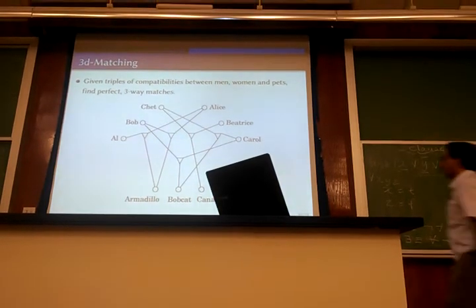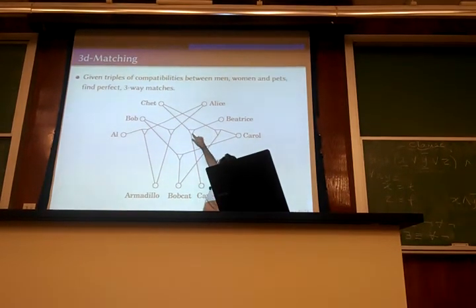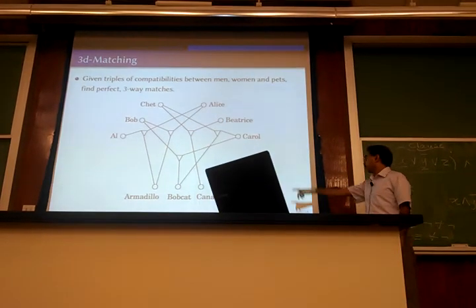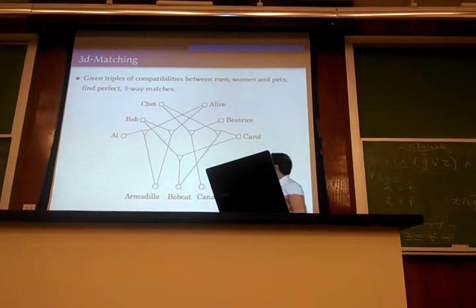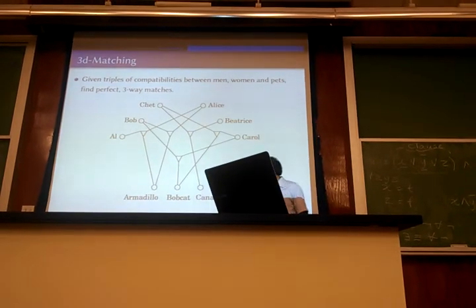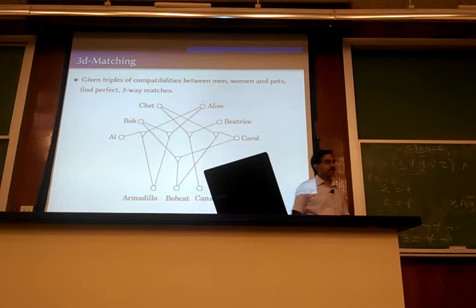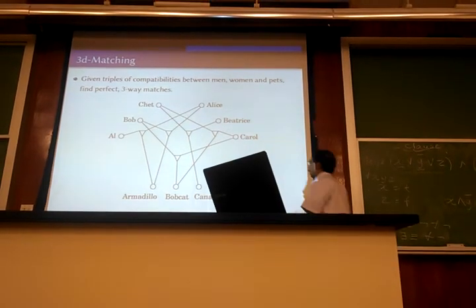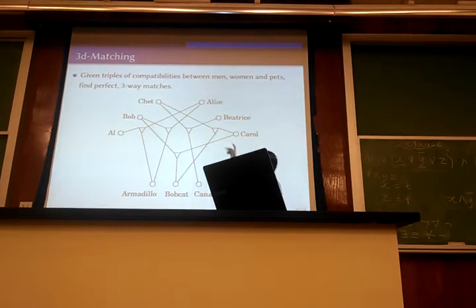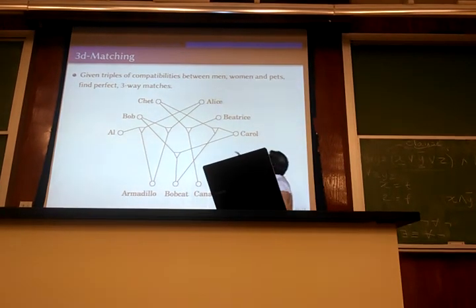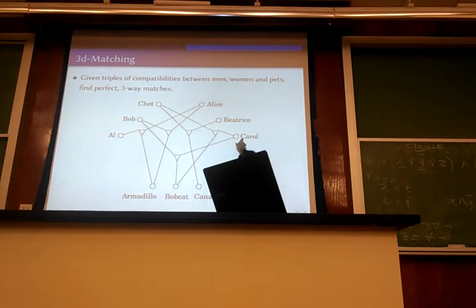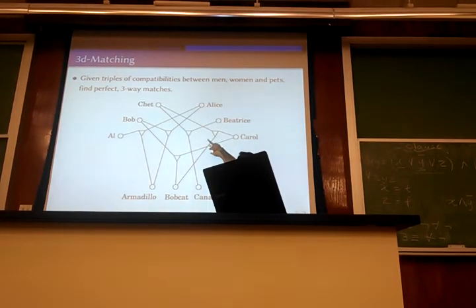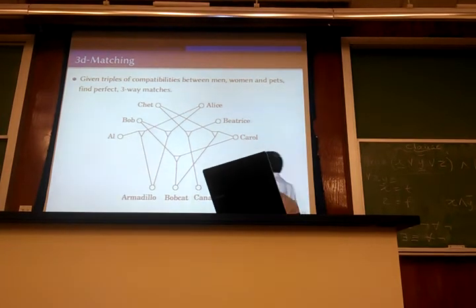So, for instance, what this triple tells you is that Chet and Beatrice are compatible, and both of them are compatible with the canary. Okay, canary being a bird, right? So that these three can be together, right? And you can see that Chet can either go with Beatrice or Carol, and that Chet can go with either a canary or a bobcat.